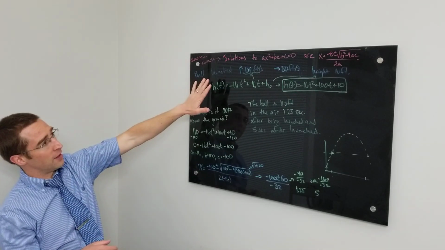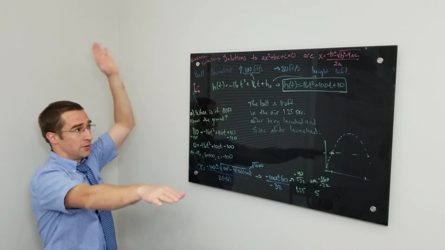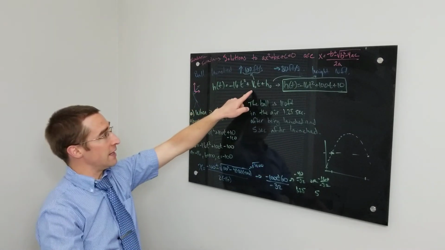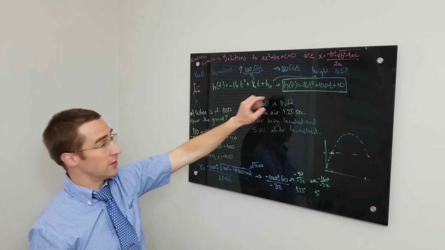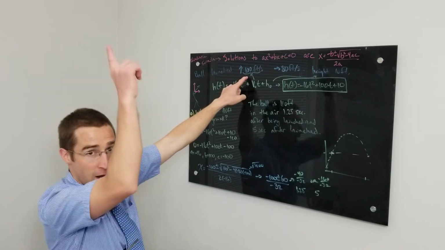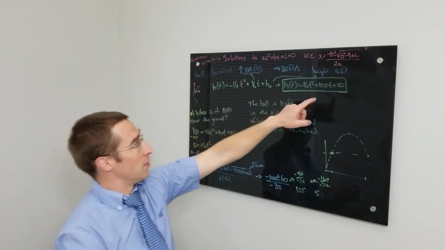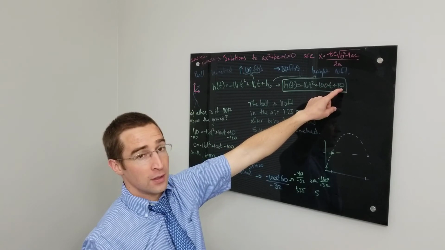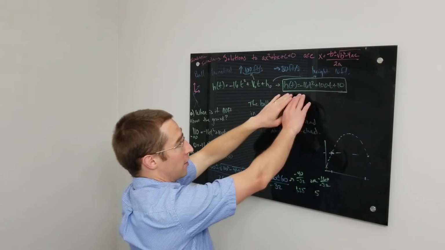All right, we've got a ball being launched, we have a vertical and a horizontal velocity, and then we've got an initial height. We look at this equation, replace the v sub 0 with the upward velocity. We replace the h sub 0 with the initial height to get our new equation.